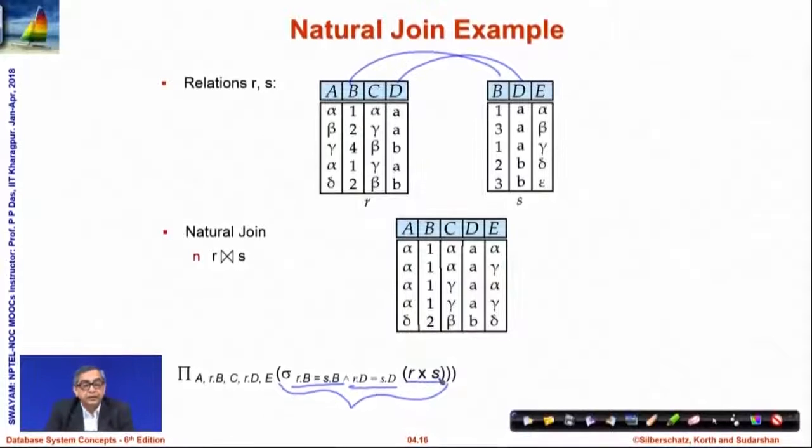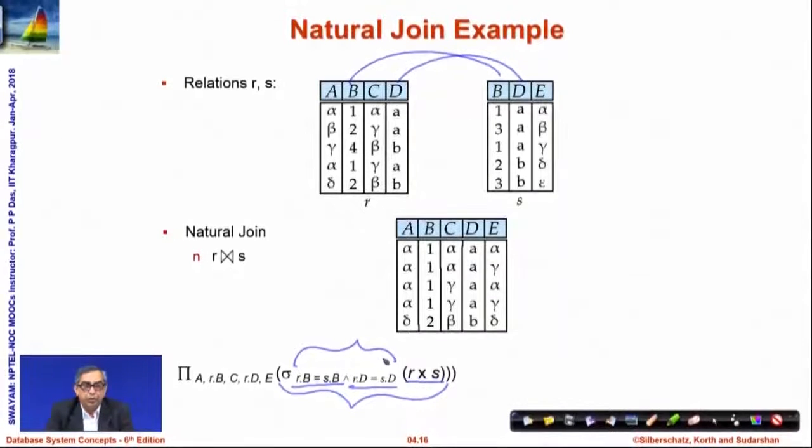As you do that, you get a table where there are 2 B's, R dot B and S dot B, and 2 D's, R dot D and S dot D, but according to this selection, for all rows, the value on R dot B and S dot B are the same, and the value on R dot D and S dot D are the same, because that is how we have done the selection.